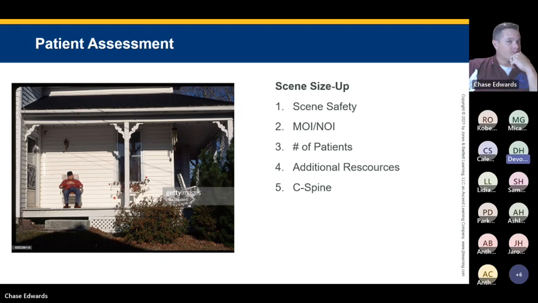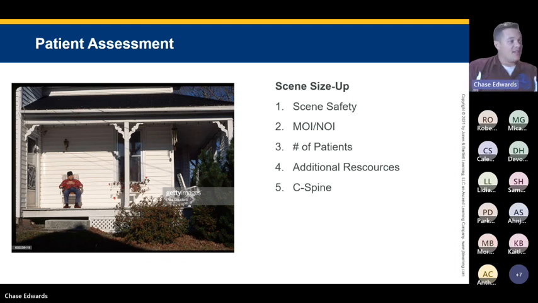C-spine, I don't think any spinal injuries are occurring right now with this, but I could make sure that the patient is able to be stabilized. When you determine your scene situation, just ask, "Is my scene safe?"